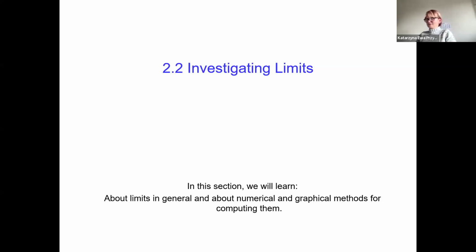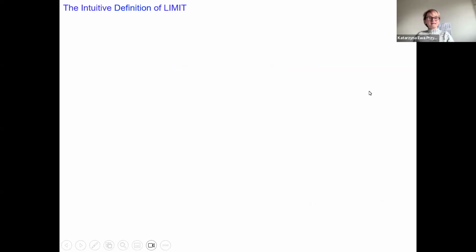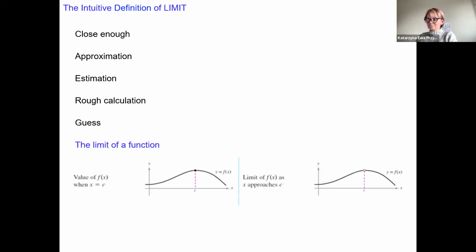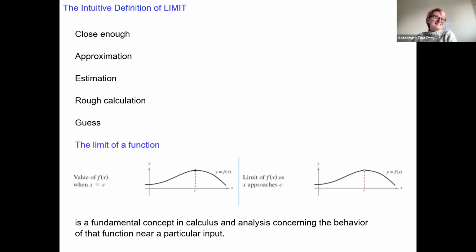Okay, that's what I have. Let's see. That means the intuitive definition of the limit is, I just typed, let's look at the entire slide. That's what we can think intuitively. That limiting position, we are getting close enough, approximating, estimating.